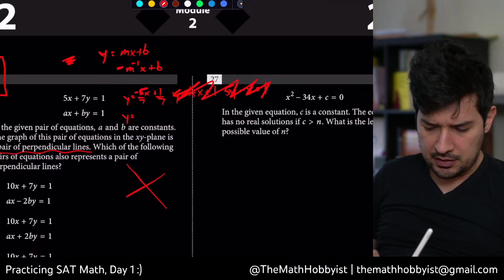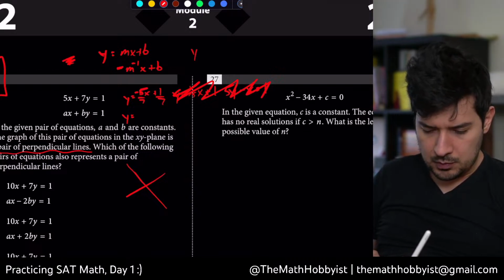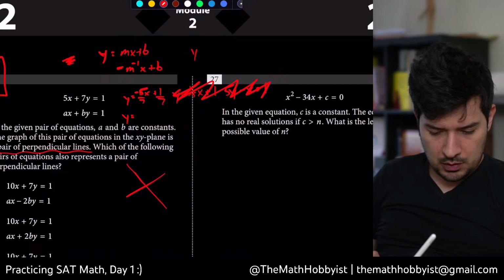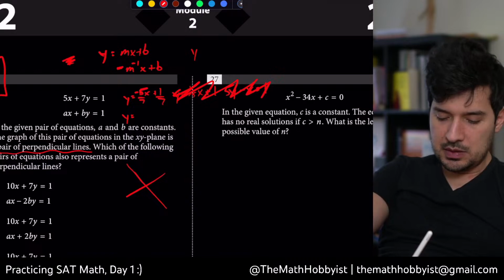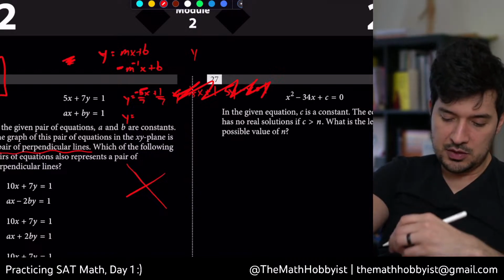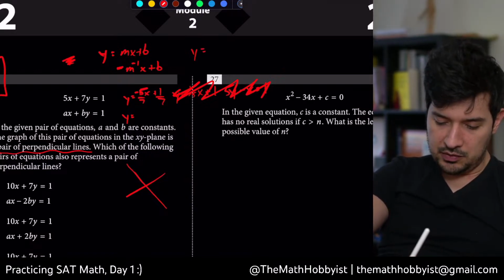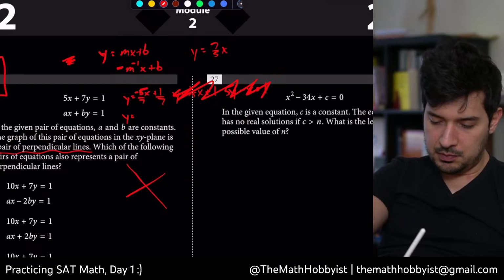So then the negative reciprocal, y equals negative 5/7 x plus 1. My brain hurts. I'm getting too old for this stuff. Y equals 7/5 x plus 1/7.